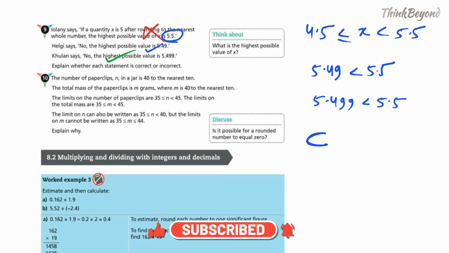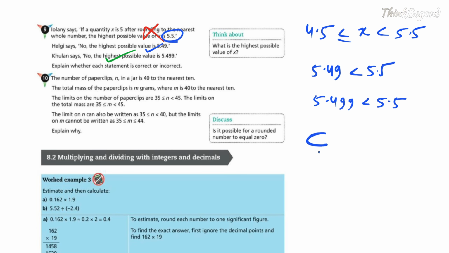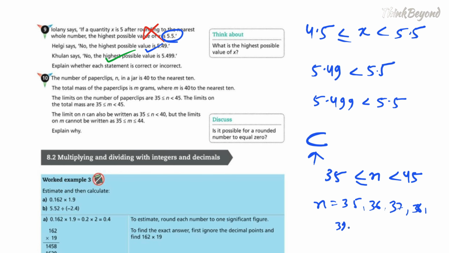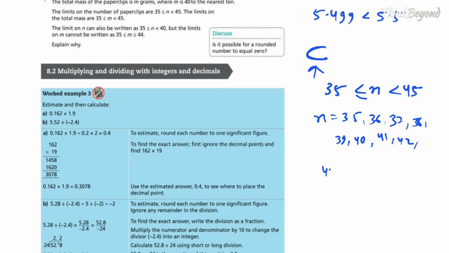So although the general inequality is 35 less than or equal to n less than 45, in whole numbers that means n is equal to 35, 36, 37, 38, 39, 40, 41, 42, 43, 44. Less than 45 means up to 44.